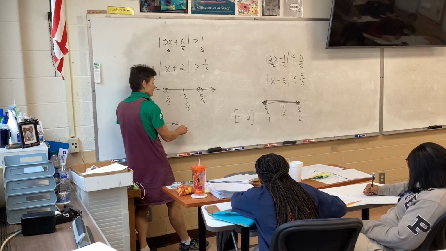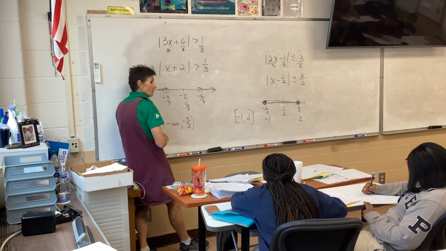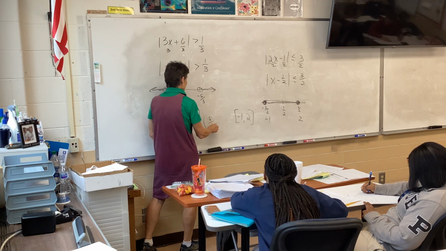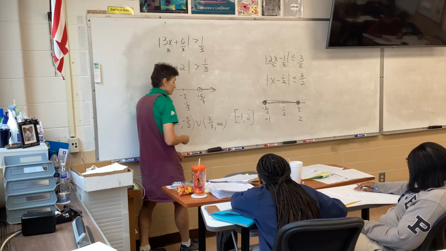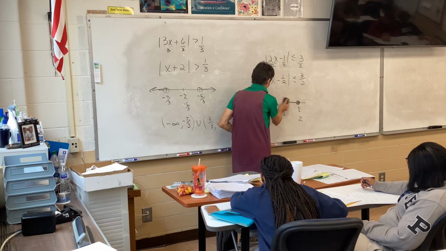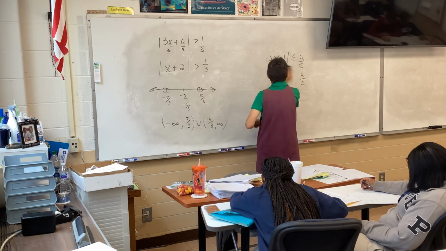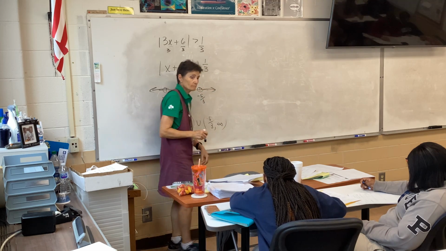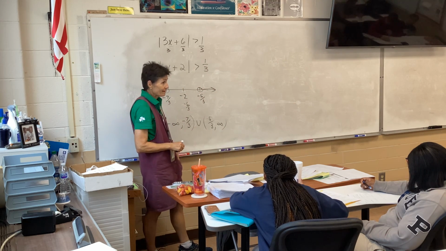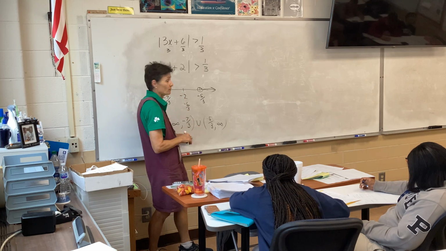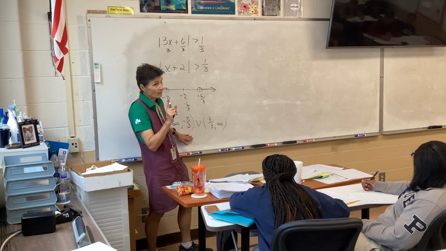Negative infinity, negative 7/3, parentheses on both, or negative 5/3, positive infinity. I think that way is pretty easy, but if you don't want to do it that way, it's fine. Somehow come up with the answer without a calculator, okay?